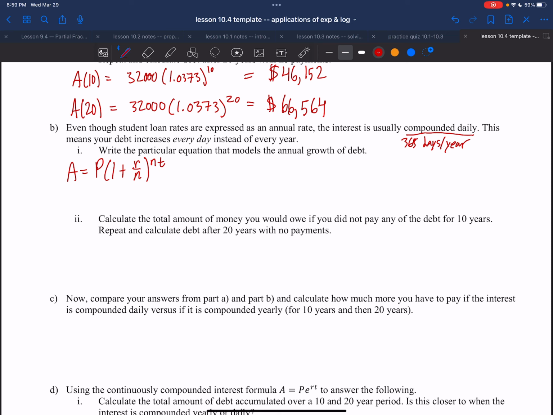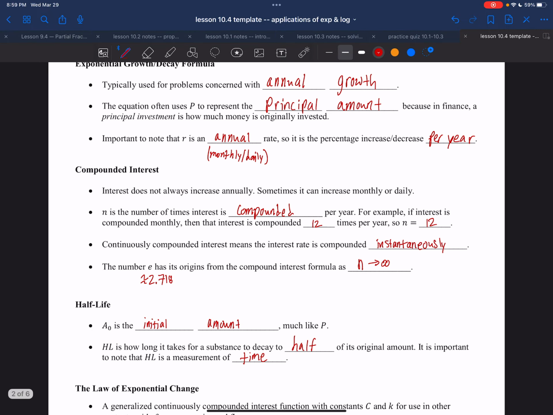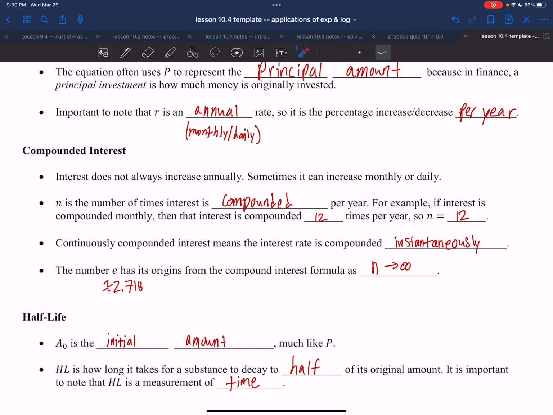Well, A is still that final amount. P is still $32,000. That has not changed. But now it's 1 plus R, which is 0.0373, divided by N. And if we go back here, N is the number of times interest is compounded per year.